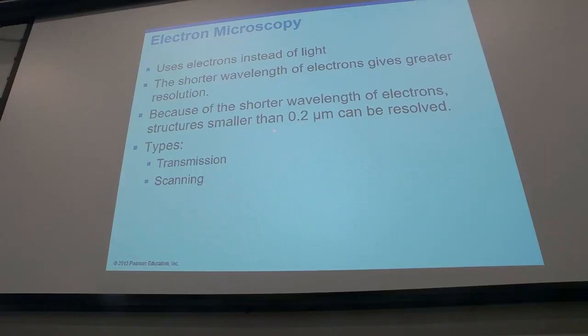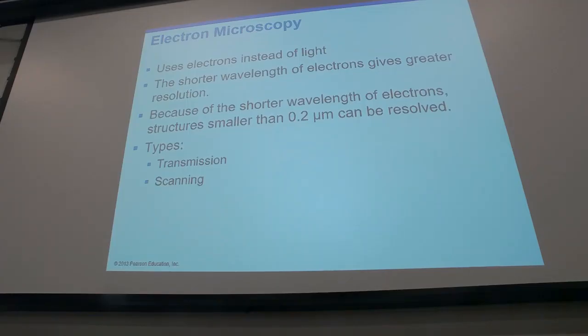So you can have a resolution of 0.2 micrometers with these electron microscopes. And we have the transmission electron microscope, or TEM, and the scanning electron microscope, or SEM.